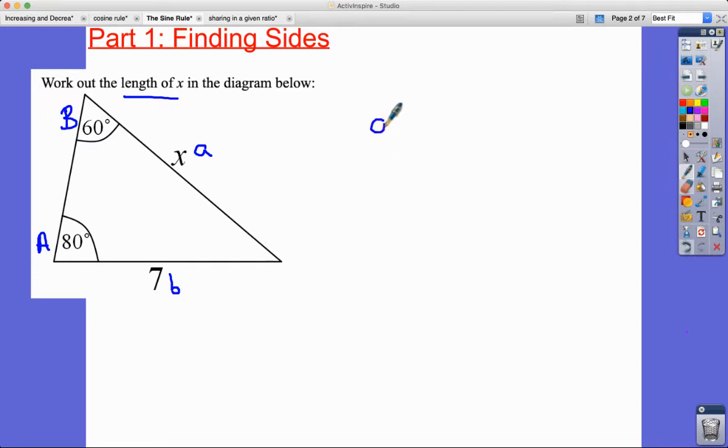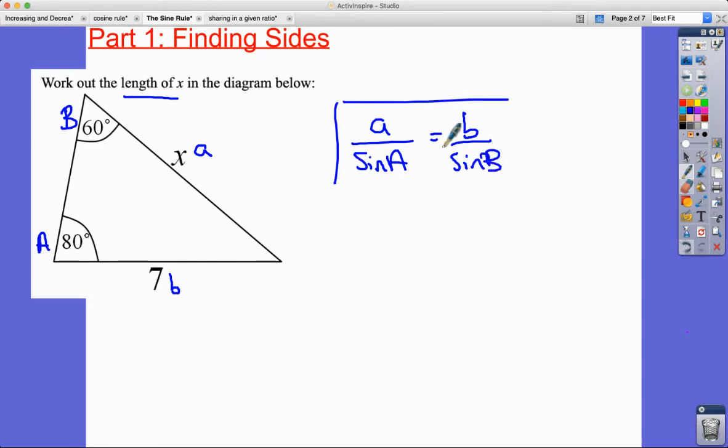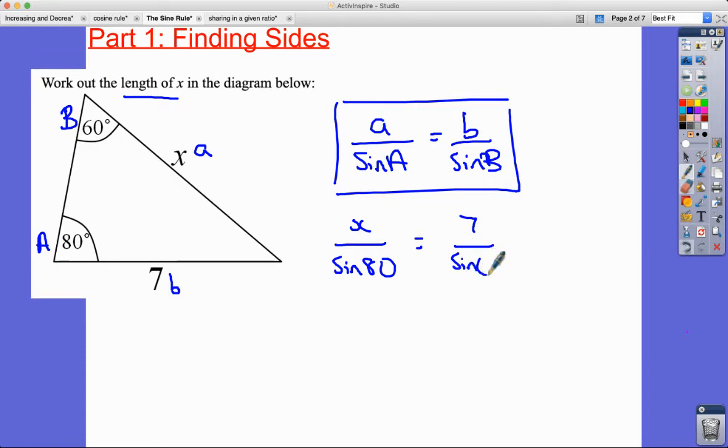The sine rule says that a over sine A equals b over sine B. I've labelled up the lengths a and b. It's random, I could have done it the other way around, and the opposite angle to each is the same letter. I'm trying to find x. Let's put these things in. a is x, so x over sine 80 is equal to 7 over sine 60.